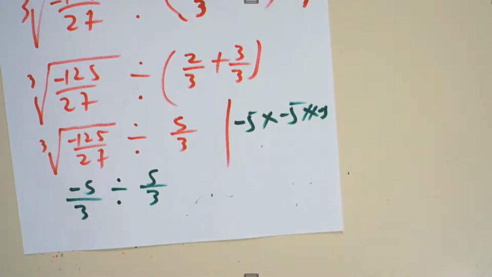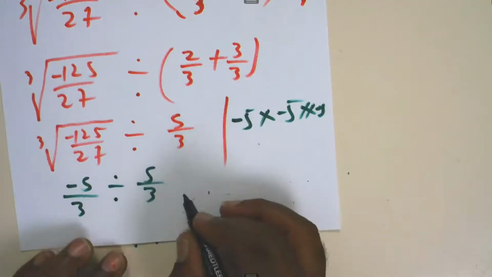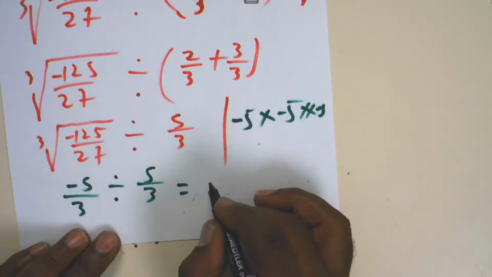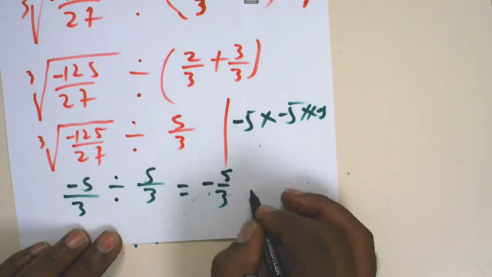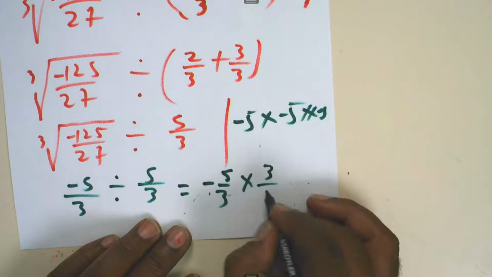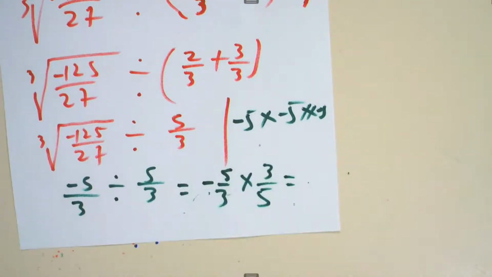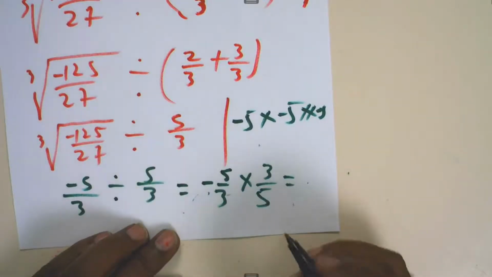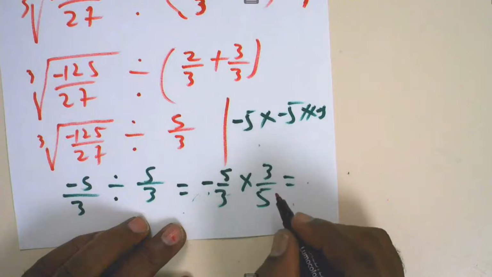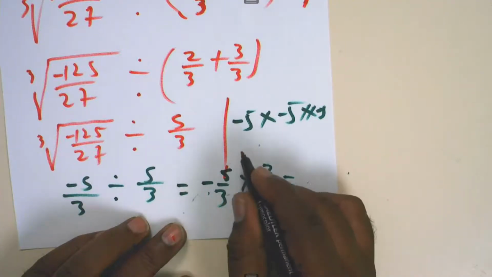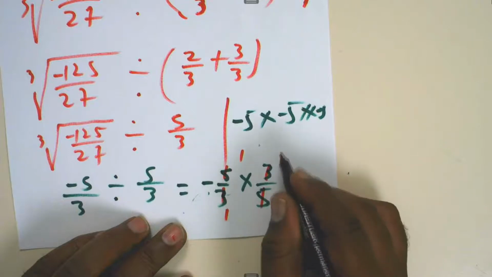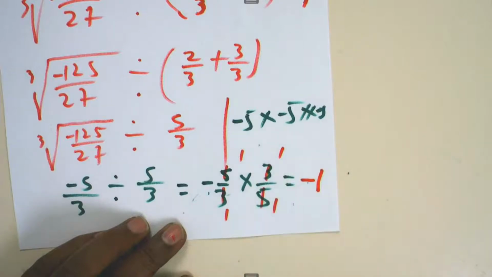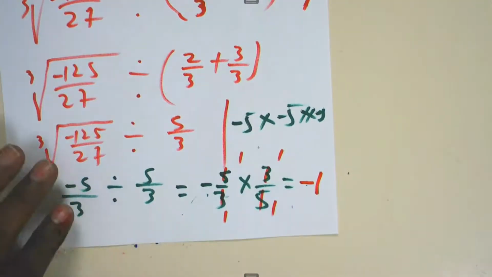Again, when we work with fractions, we change the division sign to a multiplication sign. Therefore, it's minus 5 over 3 multiplied by 3 over 5. Now it comes to a finality. 5 into 5 is 1, 5 into 5 is 1, 3 into 3 is 1, 3 into 3 is 1, and then you are still left with a negative sign, which is negative 1.